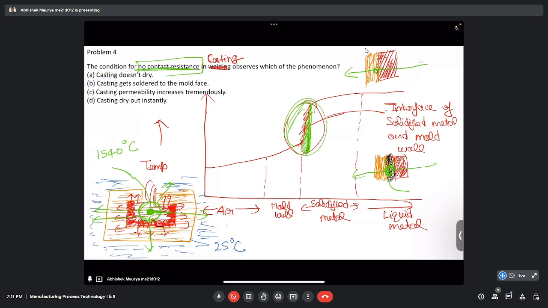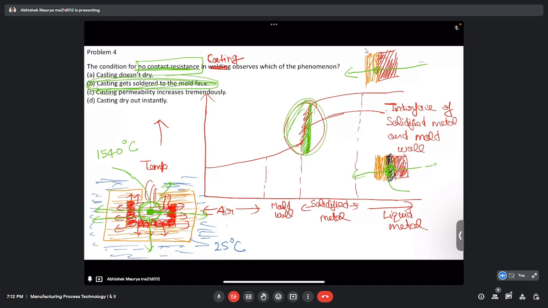And when no contact resistance takes place, the casting gets soldered or adhered to the mold face. If there is good wettability, good soldering, then there will be good adhesion between the mold material and the casting material, so good soldering will happen and no contact resistance will take place. So the correct answer is B.